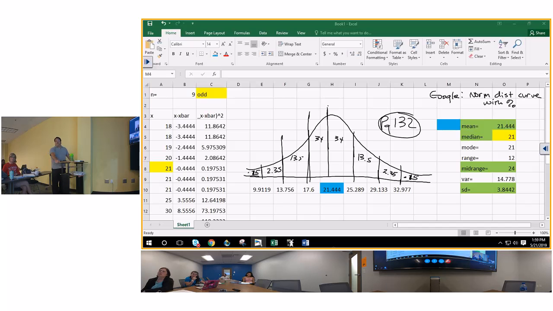So you would say 16%. That's the type of question you'll get, and it is a standardized test. Look at the bottom. Where's 25? Right there. What's to the right of 25? 13.5, 2.35, and 0.15, which is 16. That's how you use the empirical rule.